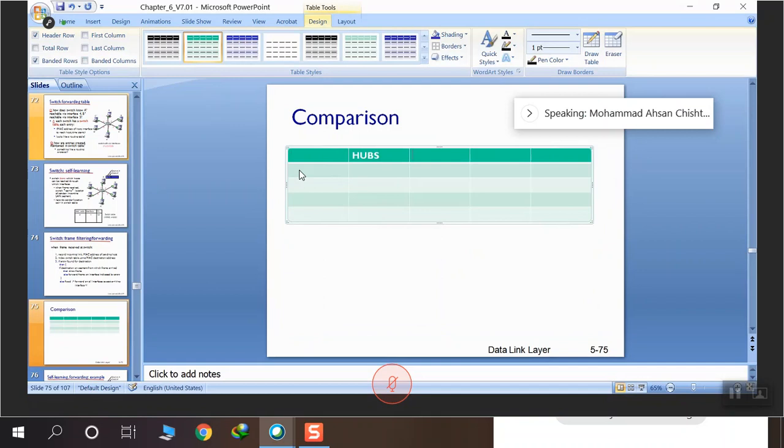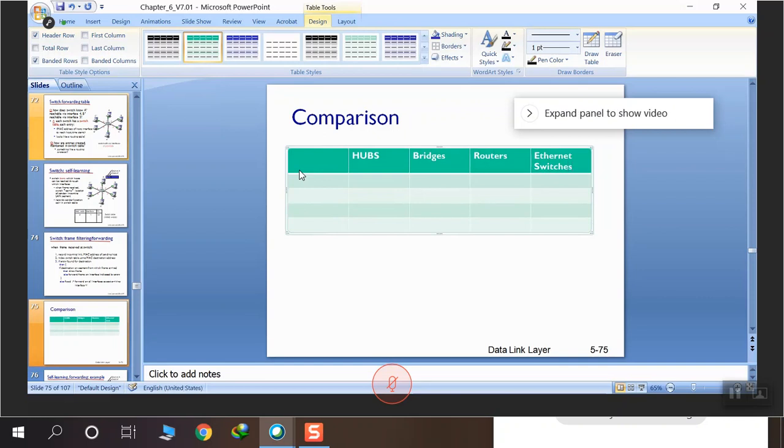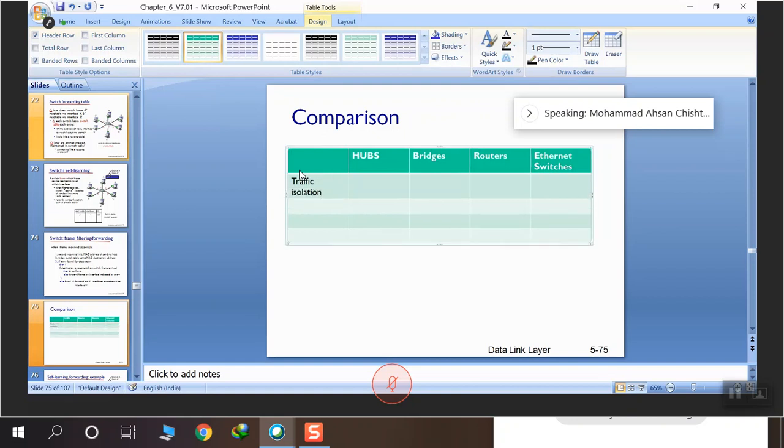So we have here hubs, bridges, routers, and switches or Ethernet switches. First, we do comparison based on traffic isolation. What is traffic isolation?